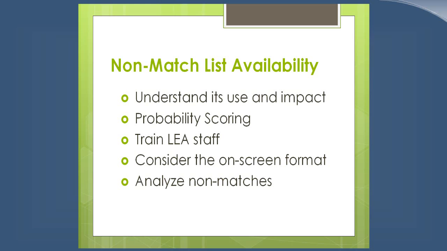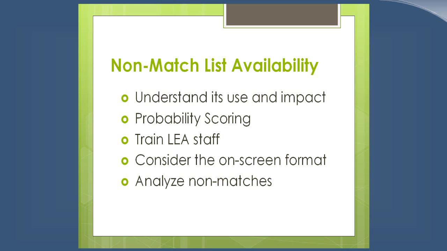How would you use this? How would you improve it? One of the states that we went to had an on-screen format for a non-match list, but you could easily tell that it was kind of difficult to use, and that probably a lot of LEAs were not using it, or not using it to its fullest capabilities, just because of the format.